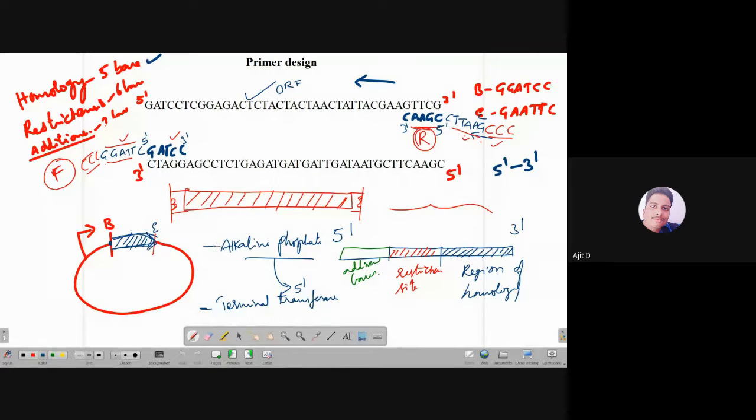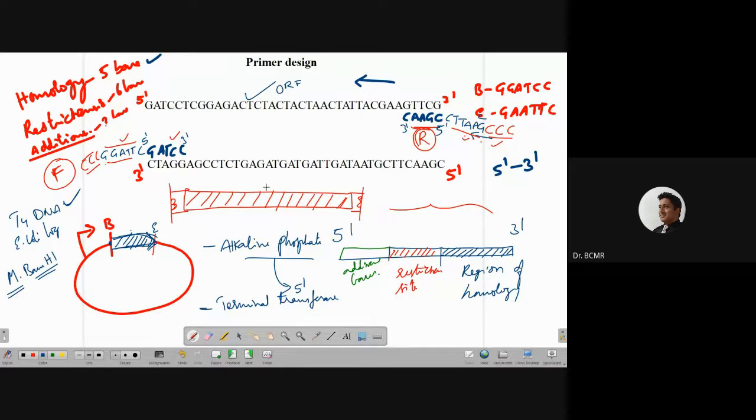Sir, did we include DNA ligase or is it included already? Yeah, okay. T4 DNA ligase is one thing, and E. coli ligase is also there. Most often it is T4 DNA ligase. We also have modification enzymes, say M.BamHI, the modifying enzyme of BamHI.